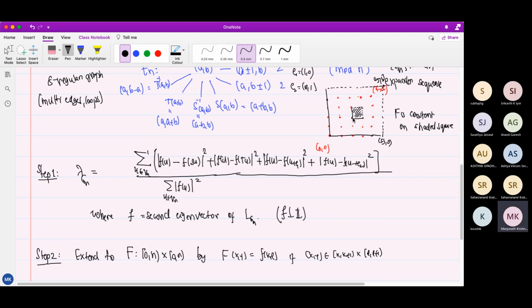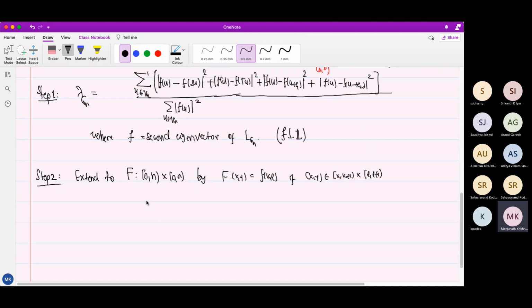Whatever the value of the discrete function small f at this point, you copy that to the whole square. So it becomes a piecewise constant function, a step function.